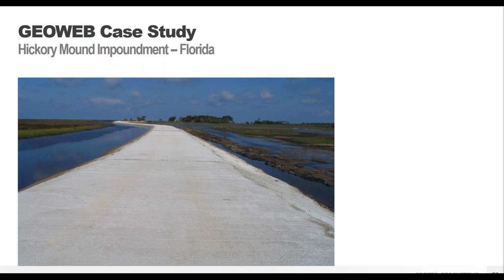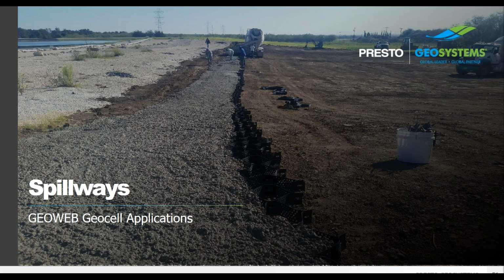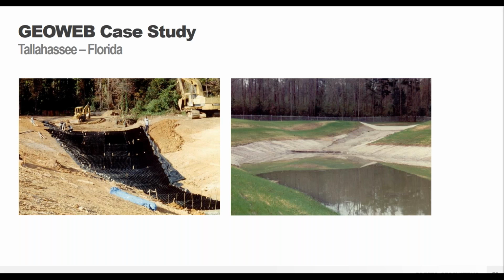So if you have any questions about how that works, feel free to reach out. And then our last little area is going to be along spillways, so areas that are going to have potential high water flows coming down through them. So this was one, again, in Florida, and this was going to be the detention pond on a large medical campus.